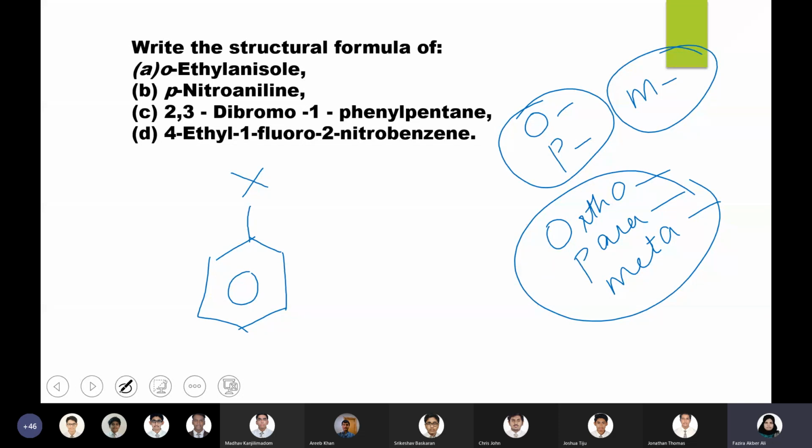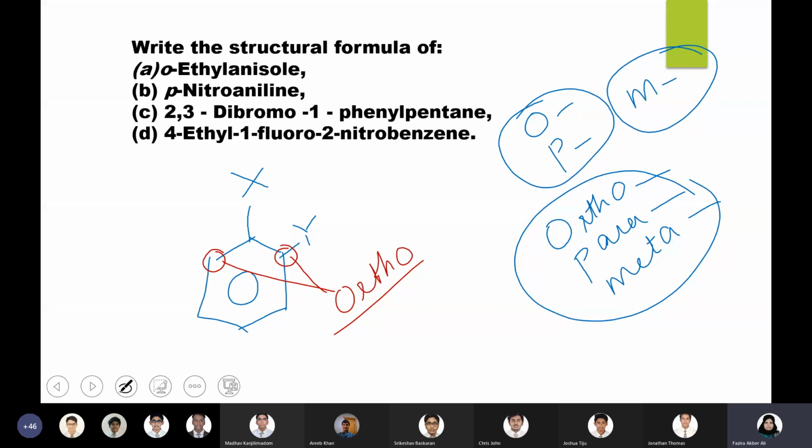Then if the second functional group is in this way, okay? So these two positions are known as ortho positions.